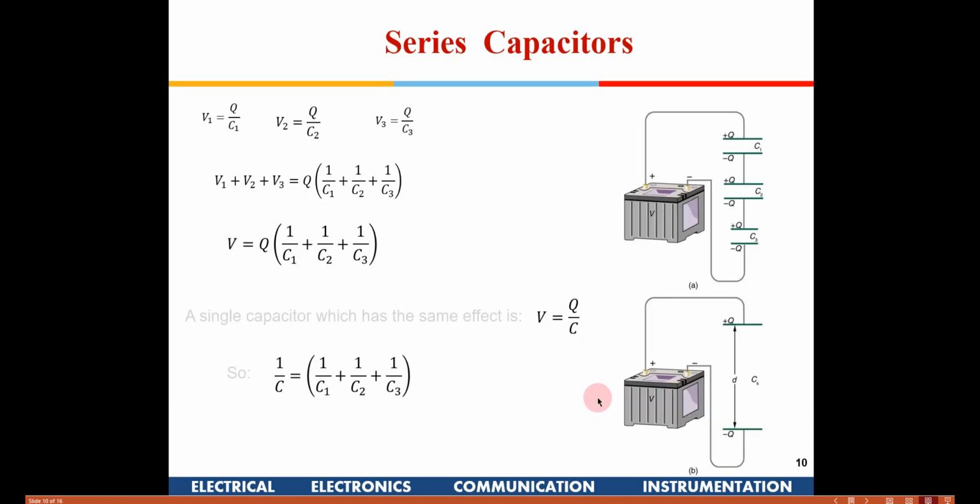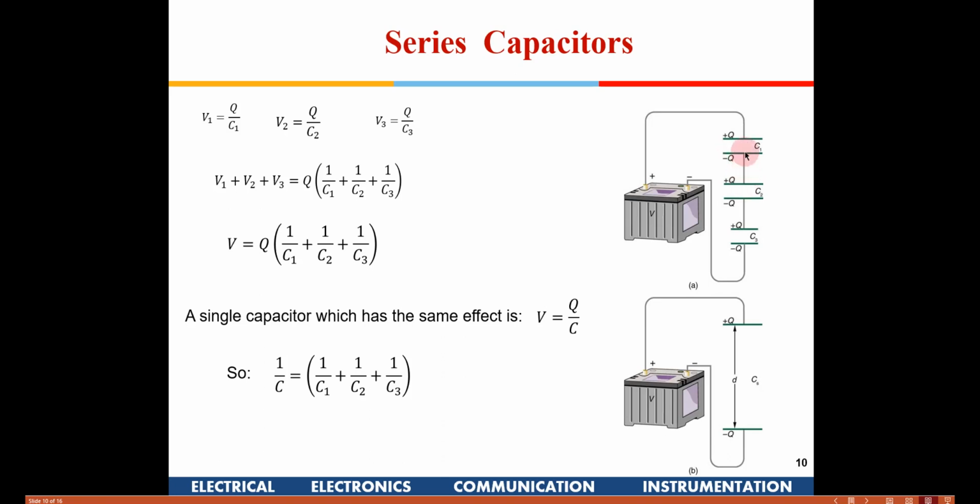Now let us see what happens when I connect a few capacitors in series to a voltage source. If you see here, there are three capacitors connected in series to a voltage source. When connected in series, a certain amount of charge gets deposited on the upper plate of capacitor C1. Obviously the same amount of charge with negative polarity gets deposited on the other plate.